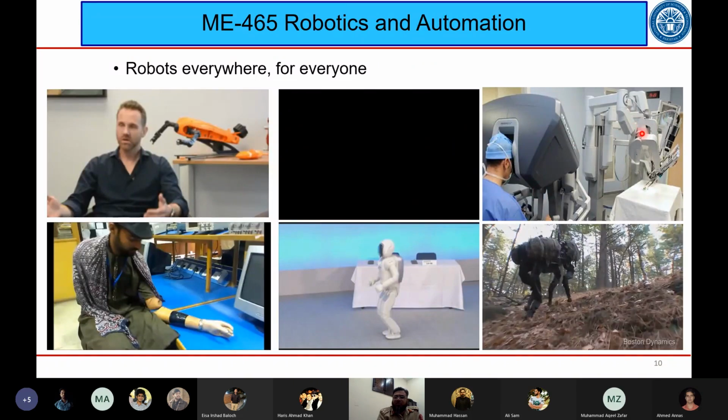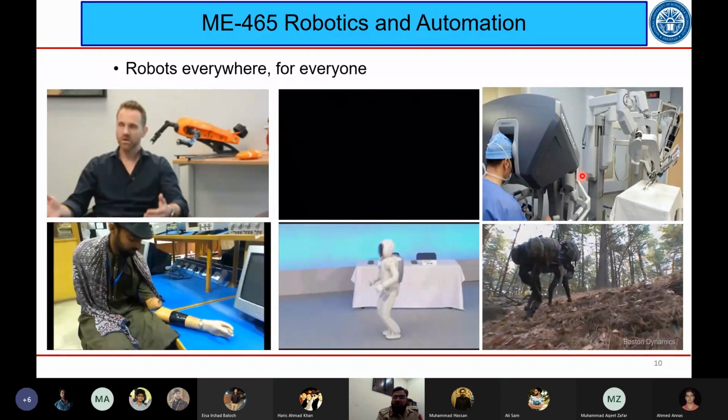This is called the Da Vinci robot, which is used for surgery. This is another application of robots, where a doctor does not come in contact with the patient but can sit at a distance. Here they are sitting very close to each other, but the doctor can sit at a remote place, maybe in America, and carry out an operation here in Pakistan.